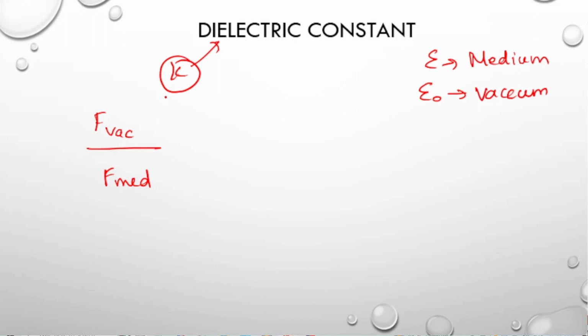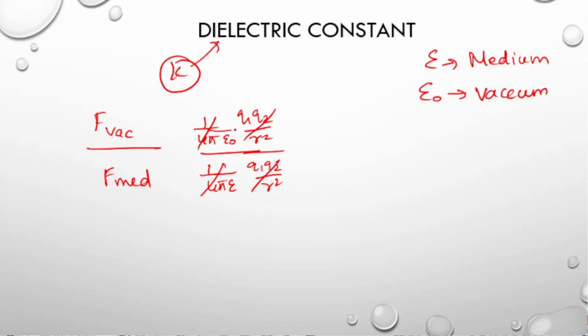So force is 1 by 4 pi epsilon naught in vacuum, and 1 by 4 pi epsilon in medium. Usually you write the force like this, right? If you divide, these two terms get divided out, and this particular thing also gets divided. Now you will have 1 by epsilon naught divided by 1 by epsilon, which is epsilon by epsilon naught.